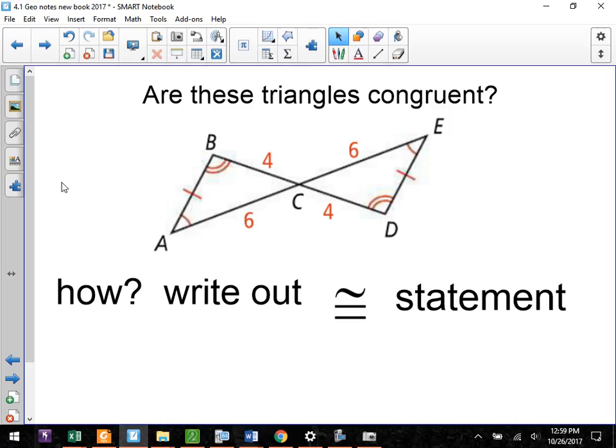What you're using is what's called the third angle theorem, which we're going to talk about here in about 2 minutes. But what's the other reason why these 2 angles are congruent to each other? Vertical. Very good. They're vertical. Remember we talked about vertical angles before? Oh yeah, that thing. These have to be congruent because they're vertical angles. So these are congruent. Triangle ABC has to be congruent to triangle.